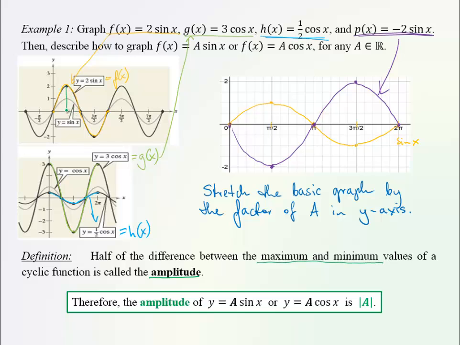So that's the height. And in that case, the height is this maximum minus that maximum divided by 2, which is still 2. So this is the amplitude, here or there or there. Therefore, the amplitude of a sine x or a cosine x is actually the absolute value of this coefficient a. So remember, we're taking the absolute value of it.